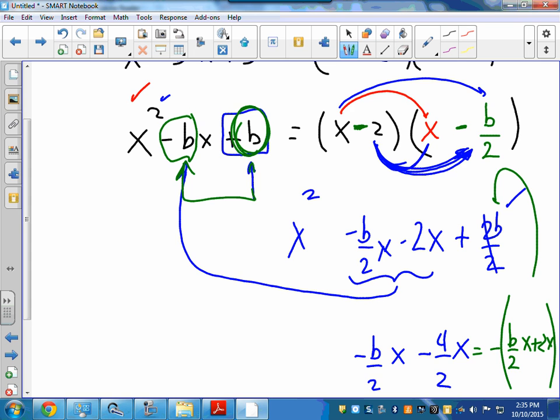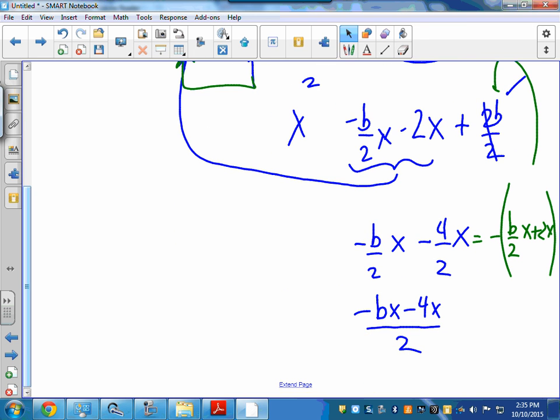Here's my algebra step. I've got negative b over 2 minus 2. That's the coefficient, and that's supposed to be the same as b. What do you want to do there? I don't like fractions. Let's multiply both sides by 2.